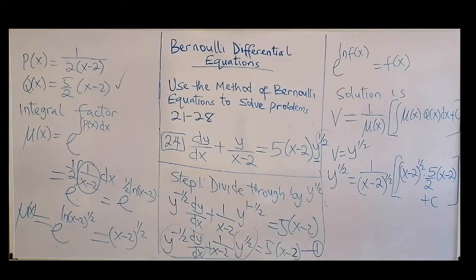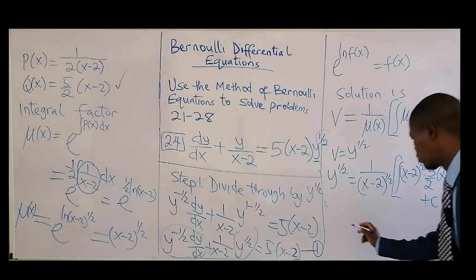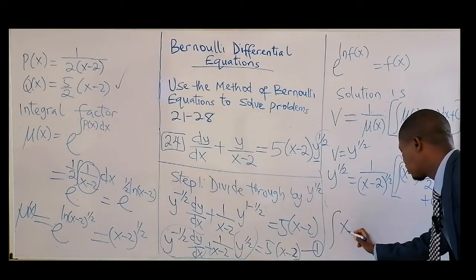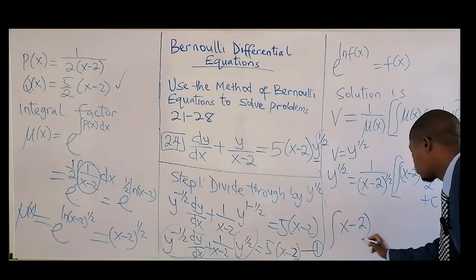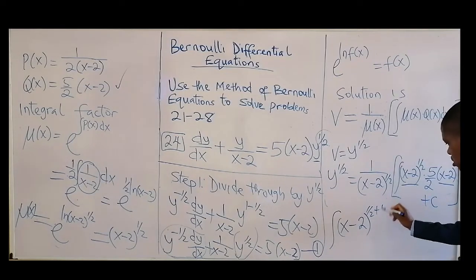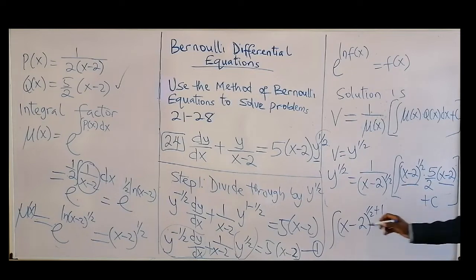I need to put this one outside and do the algebra. (x minus 2) to the power half is here, and (x minus 2) is here as a base, with power 1, so this will be plus 1. The 5 over 2 can go outside the integration.